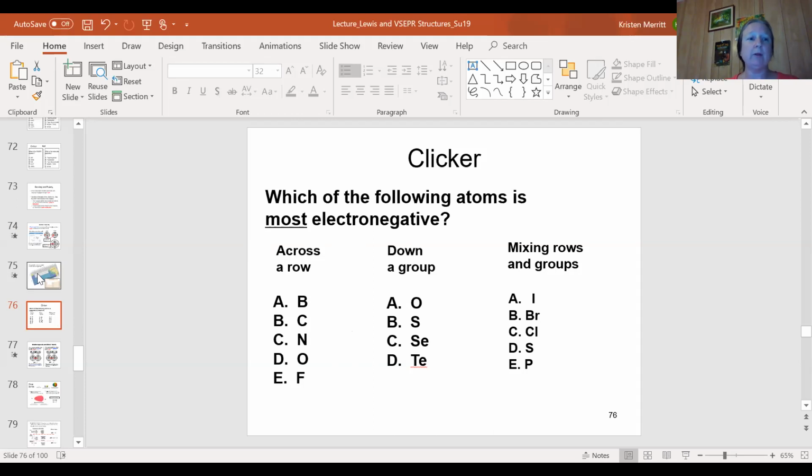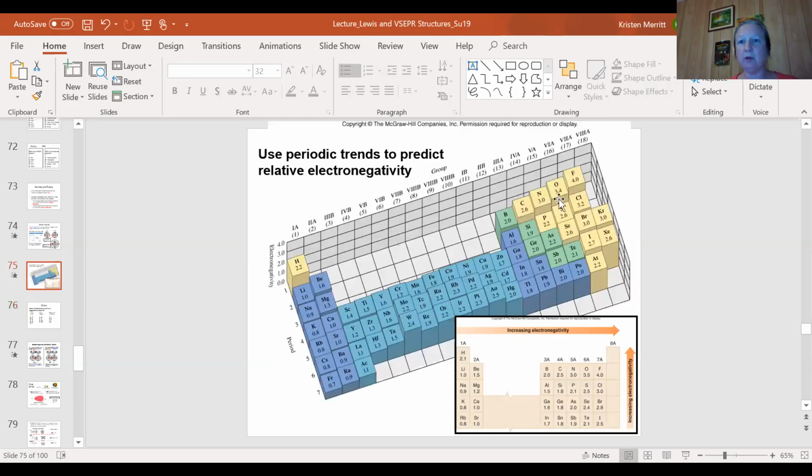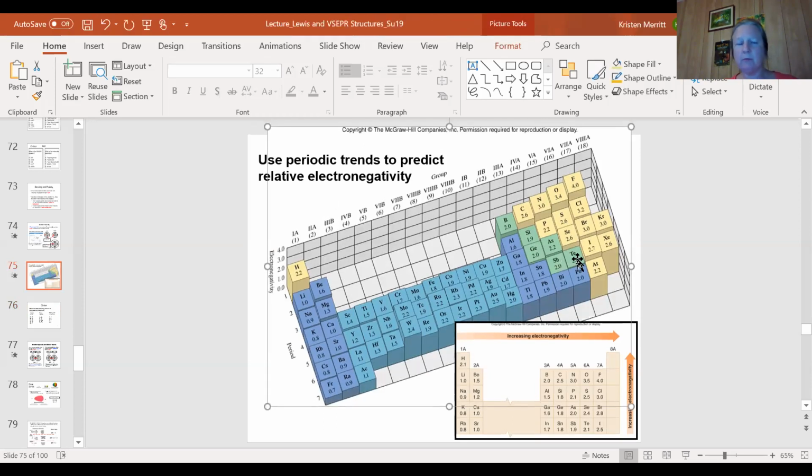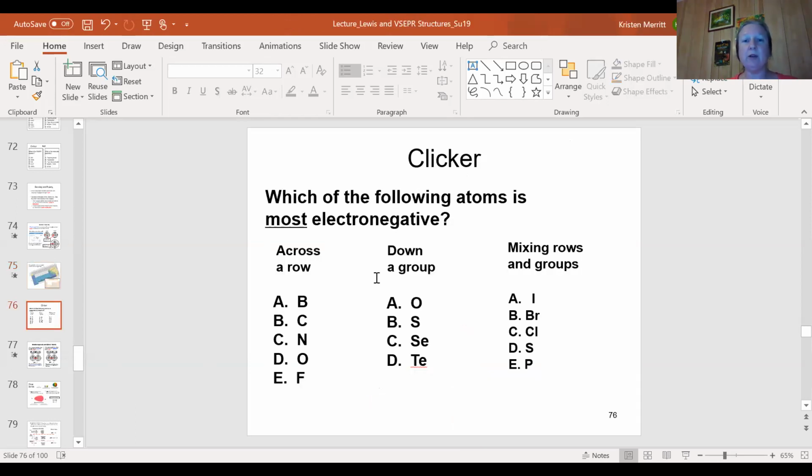So if we go back to the periodic table, and this is oxygen, sulfur, selenium, and tellurium or something, I think that's called. I can spell it better than I can say it. Your electronegativity increases as you go up, so it has to be the oxygen. And if you mix rows and groups: iodine, bromine, chlorine, sulfur, phosphorus.